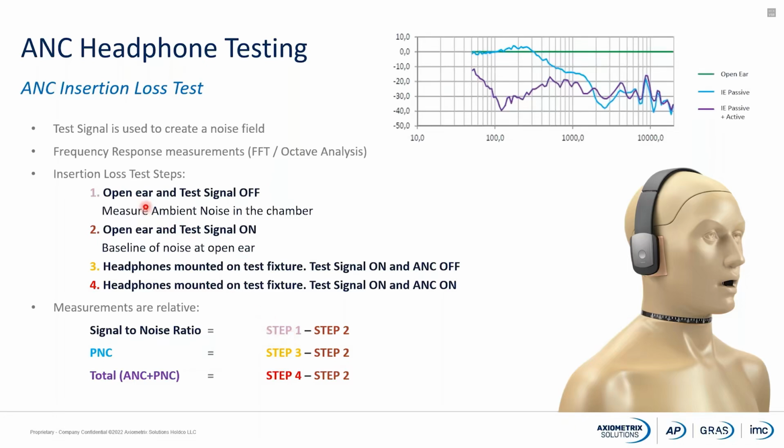Step 1 minus step 2 will give us the signal to noise ratio. Passive noise cancellation, or the light blue curve we see up here, is going to be the step 3 minus step 2. And the total ANC plus PNC calculation will be step 4 minus step 2. That will give us the violet curve we see up here.